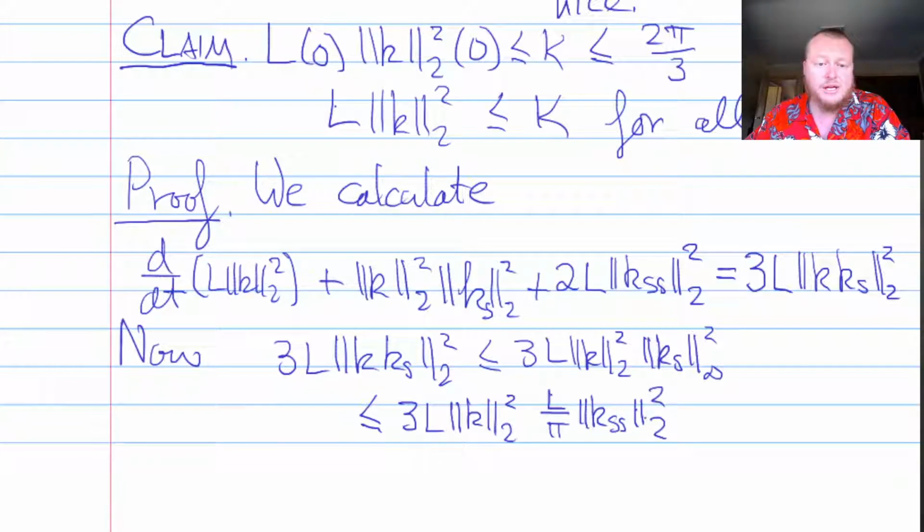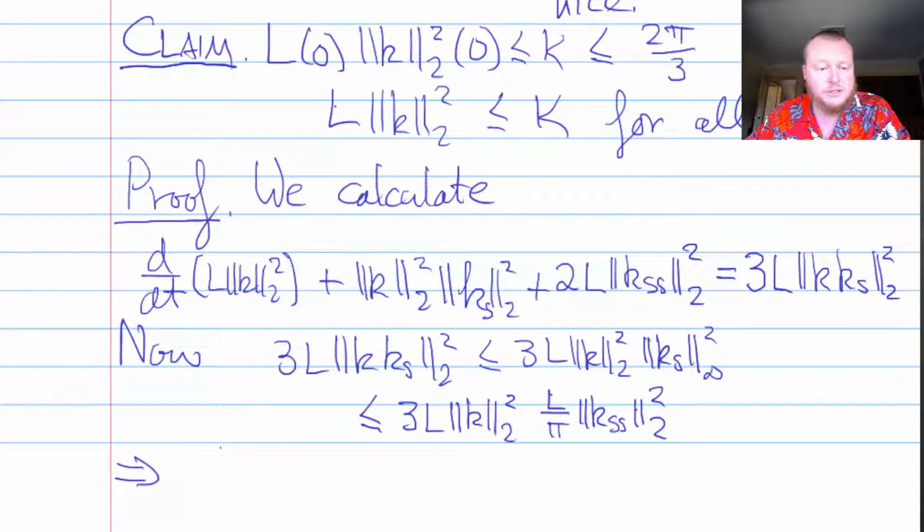So you get the L2 norm of k_ss squared. And then look at this coefficient: you've got 3L squared over pi times your L2 norm of k squared, and over here you've got 2L.